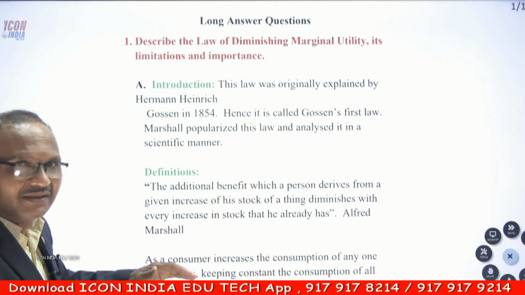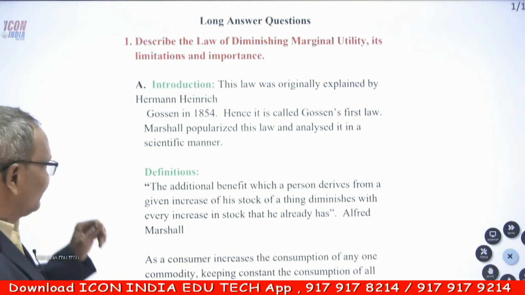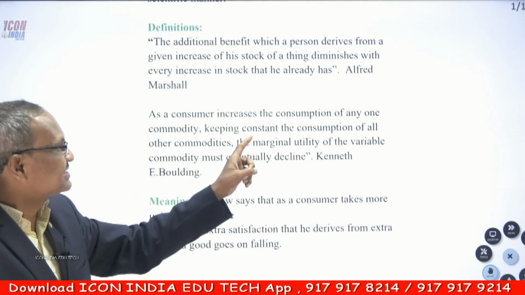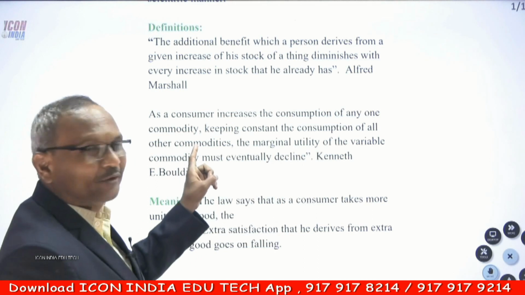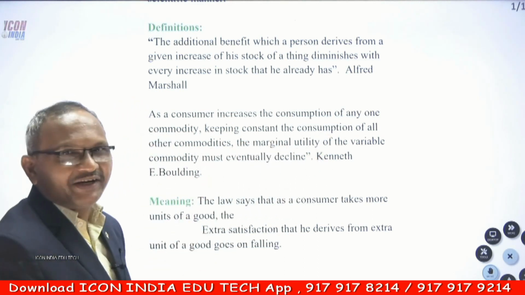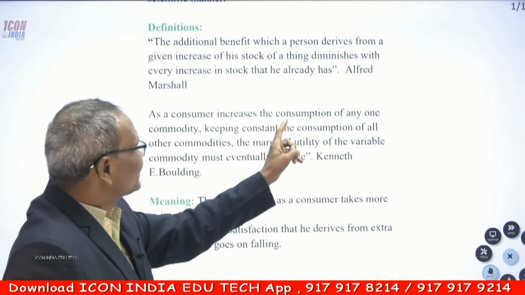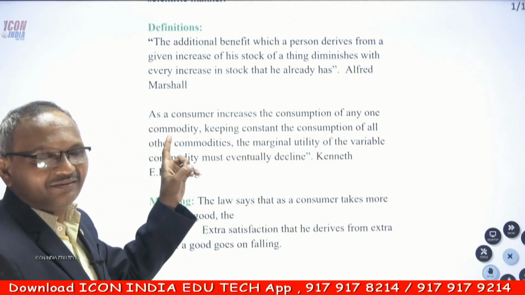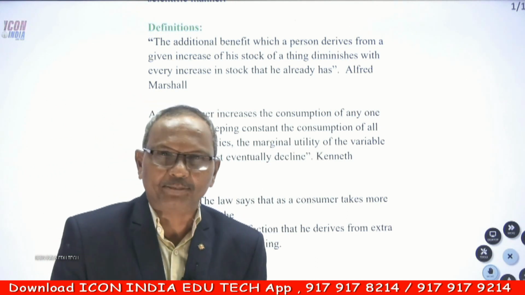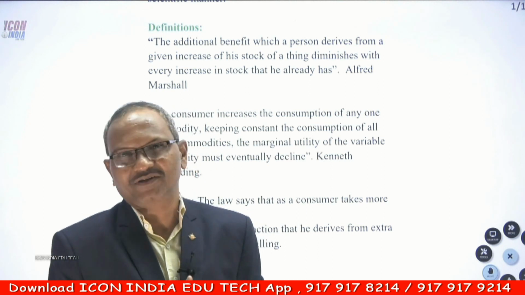The next meaning of the definition. Okay? As a consumer increases the consumption of any one commodity, keeping constant the consumption of all other commodities. Means, as a consumer increases consumption of any one commodity, you can take any type of commodity: apple, orange, banana, any consumable commodity.